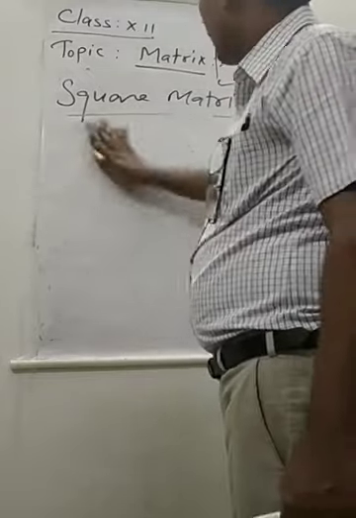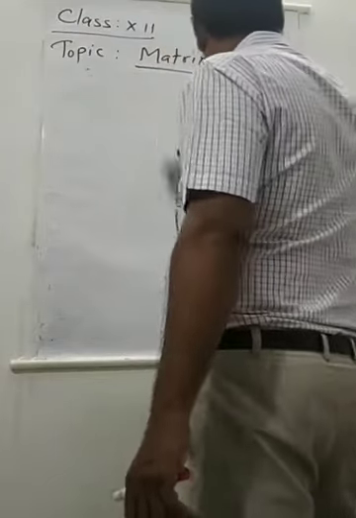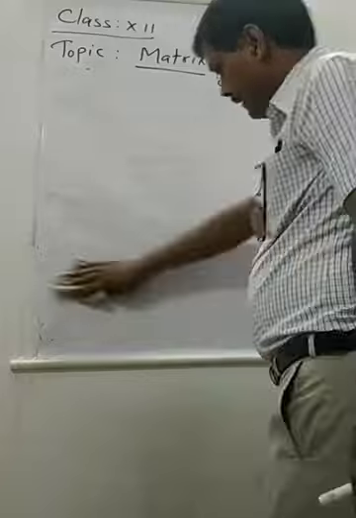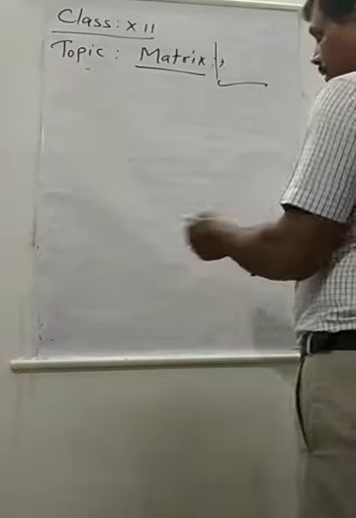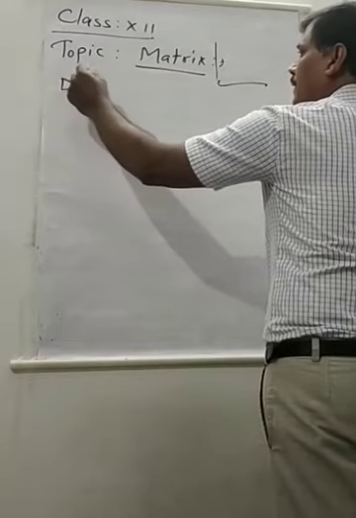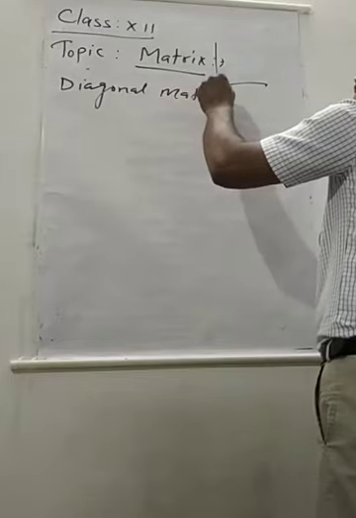After this, the square matrix will help us to know the next one, that is the diagonal matrix. The diagonal matrix is a square matrix. Let me put a heading. Diagonal matrix.